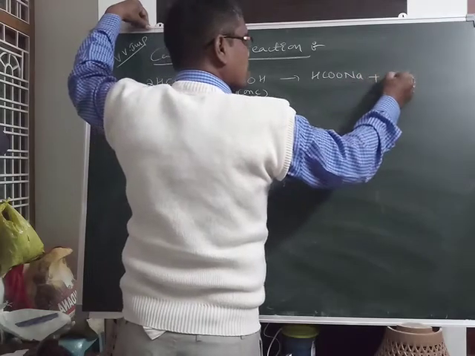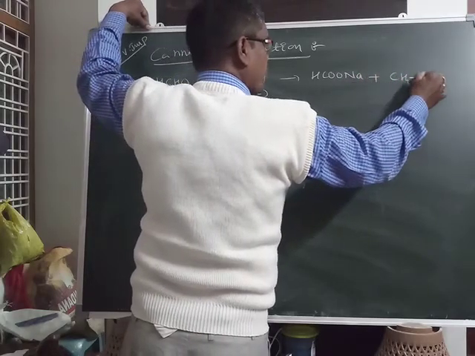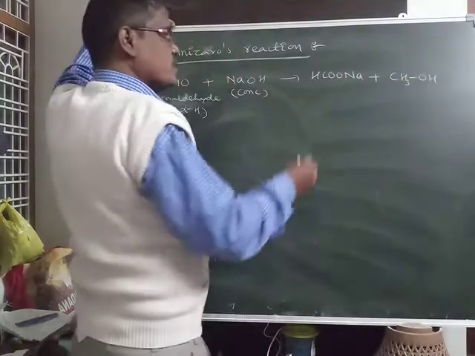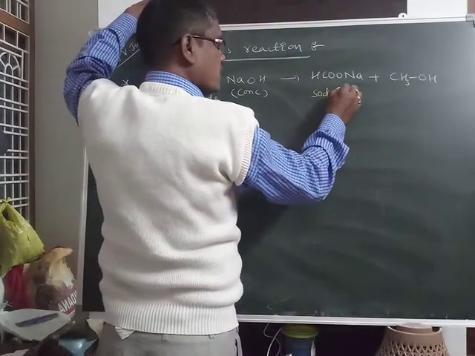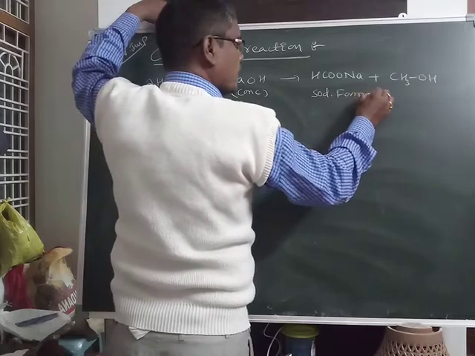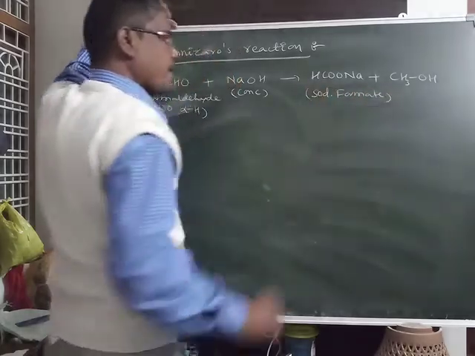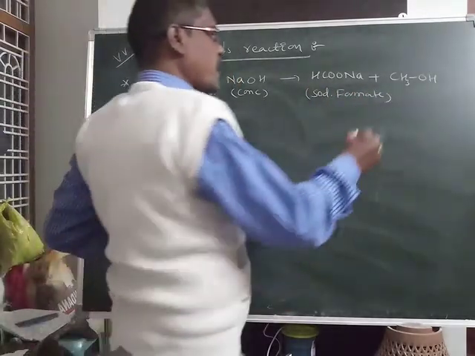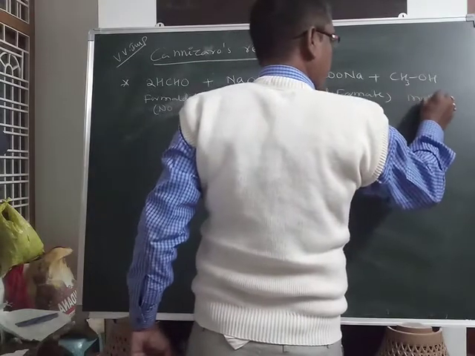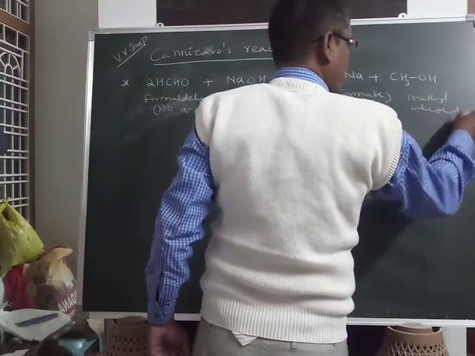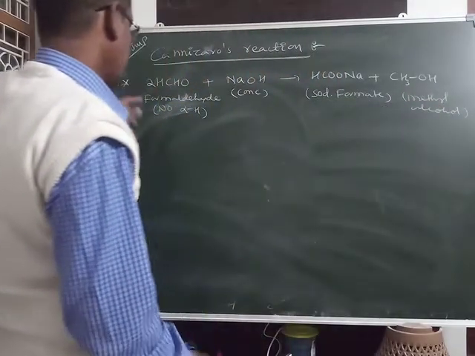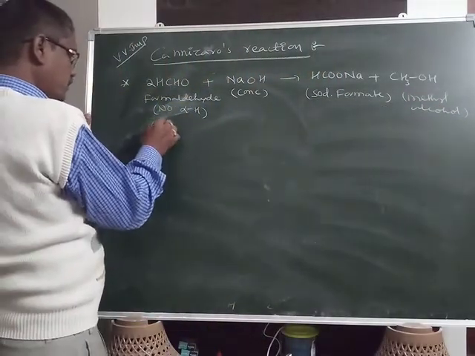Plus CH3OH. This is called sodium formate. Sodium formate. This is the methyl alcohol. Now this is the aldehyde.